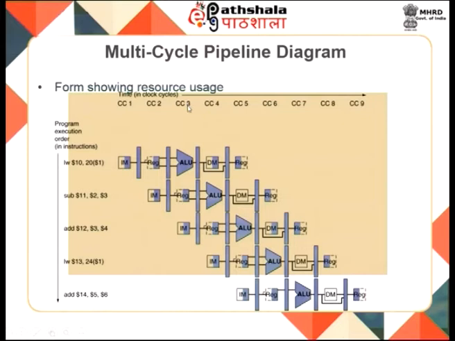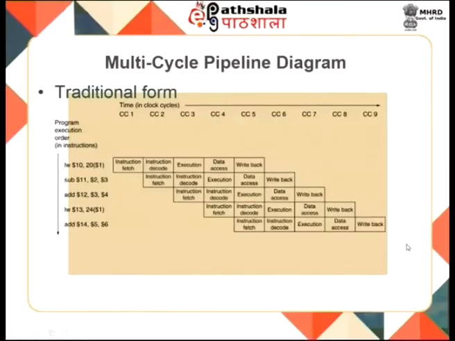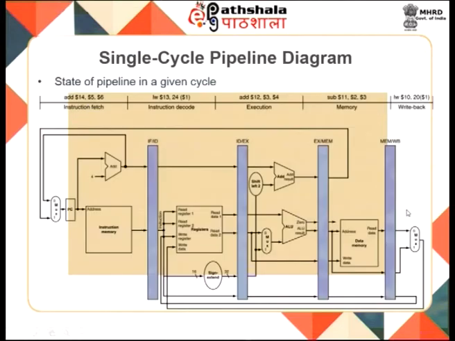In clock cycle 3, you have the instruction fetch of the third instruction, decode of the second instruction, and ALU operation of the first instruction happening. During the fifth clock cycle, you find that all 5 stages of the pipeline are filled up. So, that is basically showing a multi-cycle pipeline. This is again showing it in a different form, indicating the various operations that have to be done.